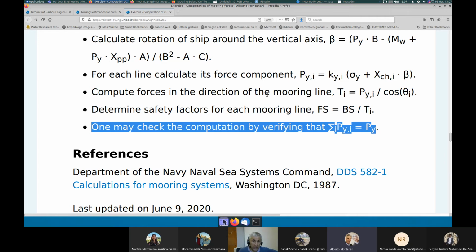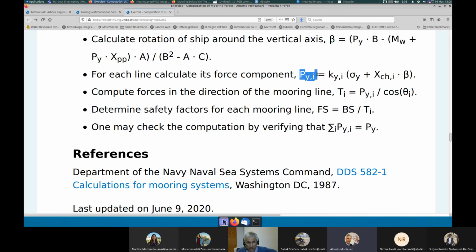Sorry, it's the summation of the force components for each line, not the components in the direction of the mooring line. So we have to sum the Pyi, this one here, and the sum of these components across the i's, across the 6 lines, should be equal to the wind pressure.